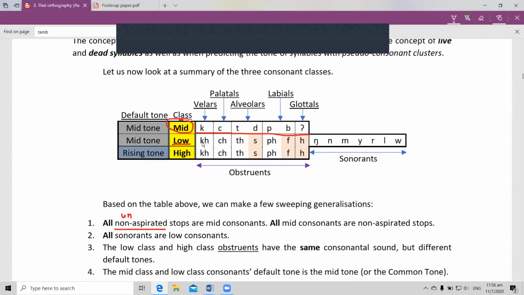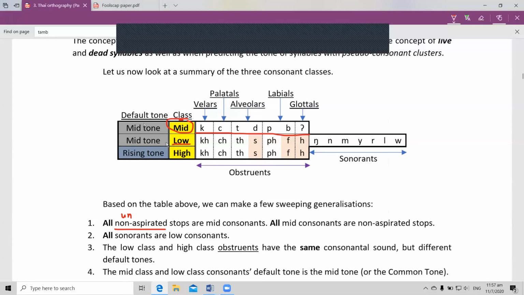So these low-class consonants have the same consonantal sound as these high-class consonants, but they differ in the default tone. The low obstruents' default tone is the mid tone, but the high obstruents' default tone is the rising tone. The default tone for mid and low consonants is the mid tone. For the high consonants, it is the rising tone.